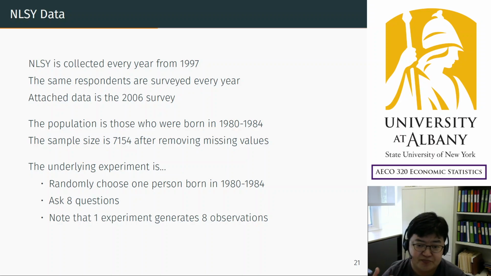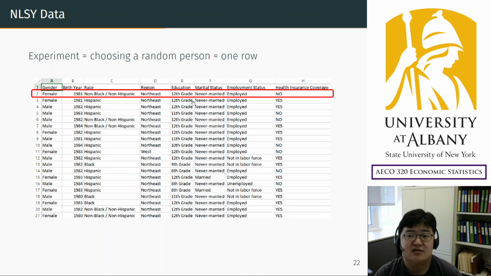That is, how many questions you have does not affect your sample size. Sample size is the number of repetitions of this randomization, randomly choosing a survey person, right? So that's what you have to understand from this data. You have to understand what is the experiment and what is the experimental unit, the observational unit.